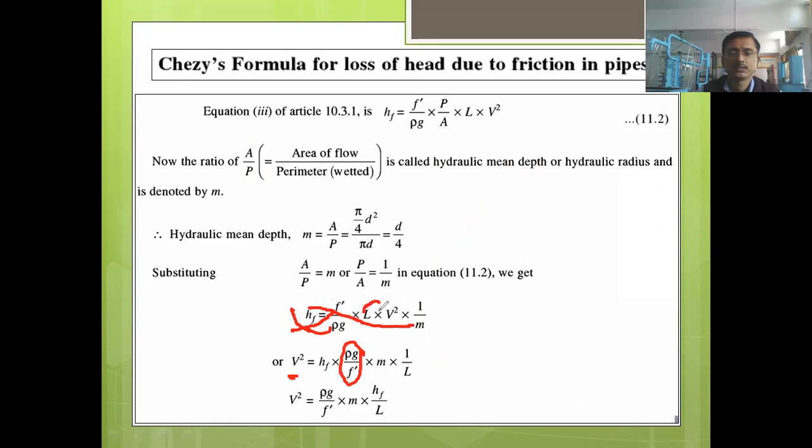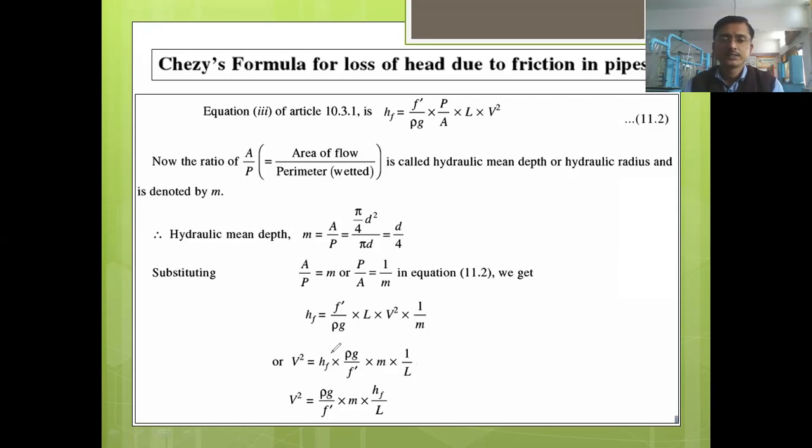This L will go in the denominator, so we can write 1 upon L. So this equation becomes v square is equal to hf into rho g upon f dash into m into 1 upon L.